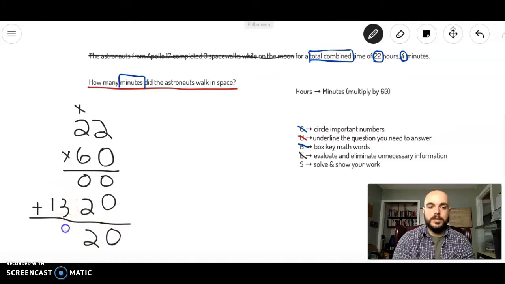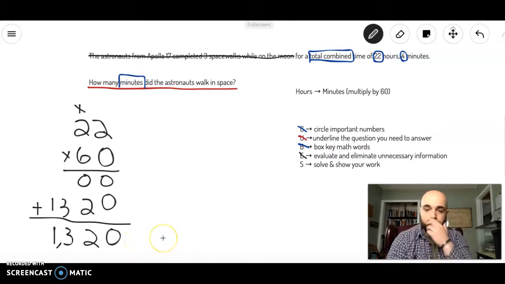Nothing plus 3 is 3. And nothing plus 1 is 1. Okay, so 22 hours is equivalent to 1,000. Oh, put a comma in the wrong spot there. Is equivalent to 1,320 minutes.